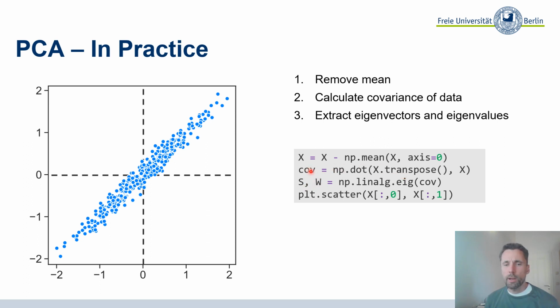And the covariance obviously can be produced as X transpose X, but also you can find a function that helps you with that as well. But really, this is 3 lines of code.